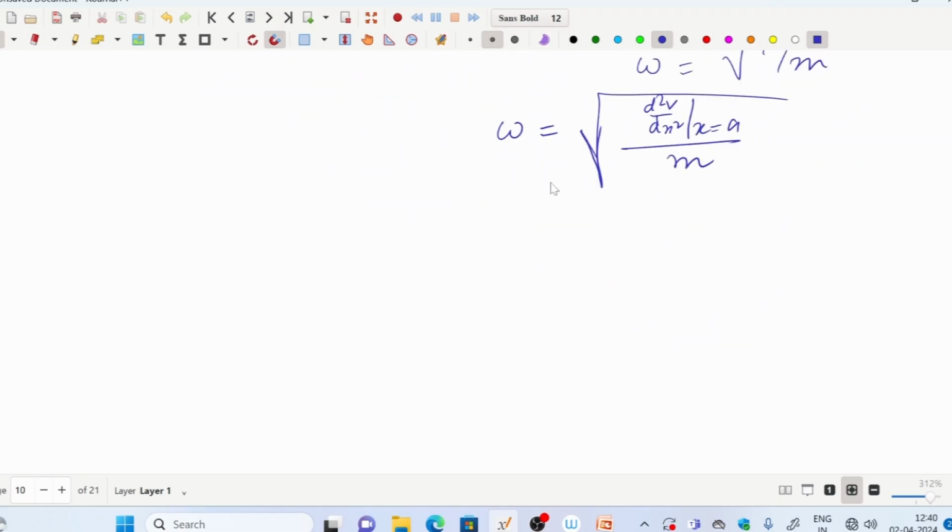That means around the equilibrium, or close to equilibrium, you can have a harmonic oscillation for any arbitrary potential. To illustrate this simple concept, let us consider one example.